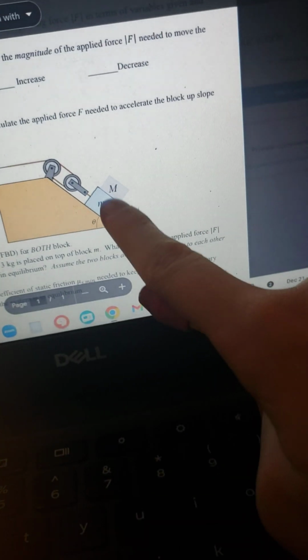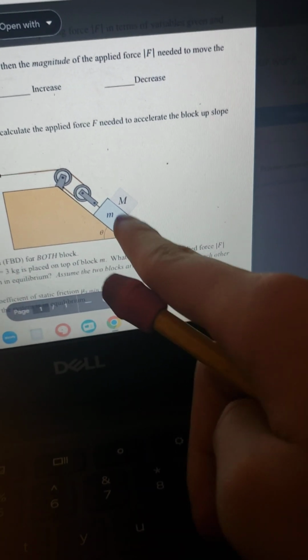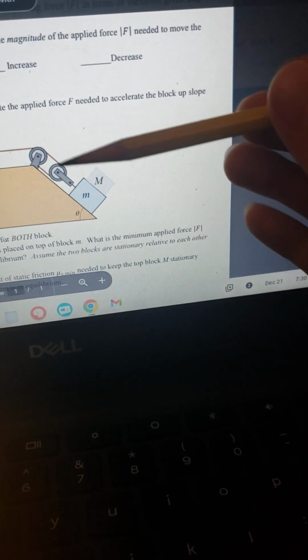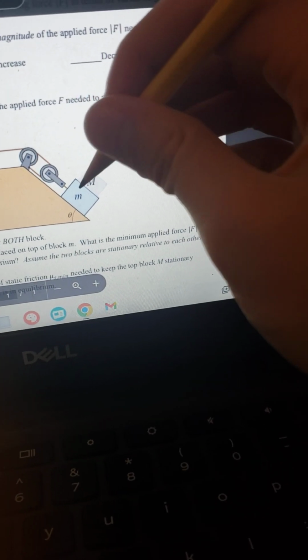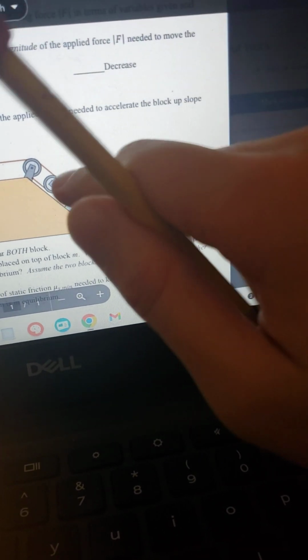You know that top block is going to have a force of static friction, or in class we call that friction. There's going to be static friction pointing this way and this way for the top and bottom block. That's why we put force of static here.